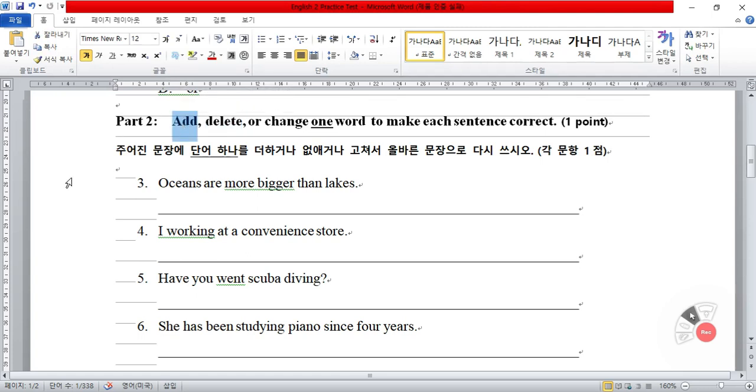So read the sentence carefully, and then add, delete, or change one word. These questions are worth 1 point.